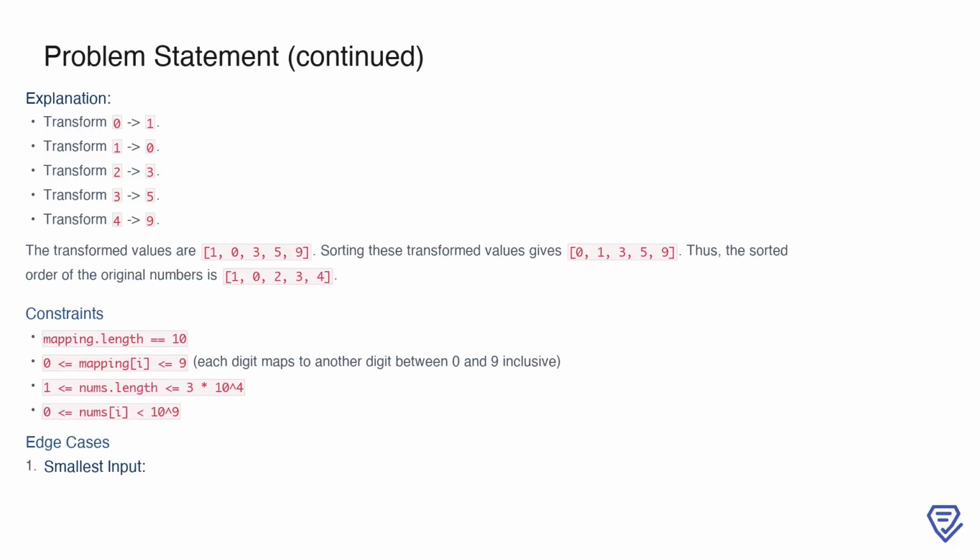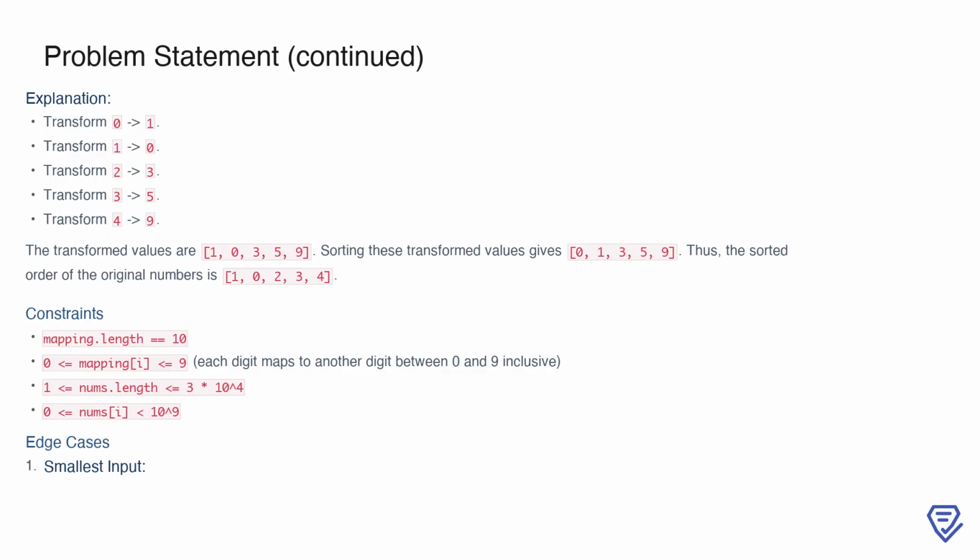In example 3, the input mapping is 1, 0, 3, 5, 9, 8, 6, 4, 2, 7, and nums is 0, 1, 2, 3, 4. Let's transform each number. The digit 0 maps to 1, so 0 becomes 1. The digit 1 maps to 0, so 1 becomes 0. Similarly, 2 becomes 3, 3 becomes 5, and 4 becomes 9.